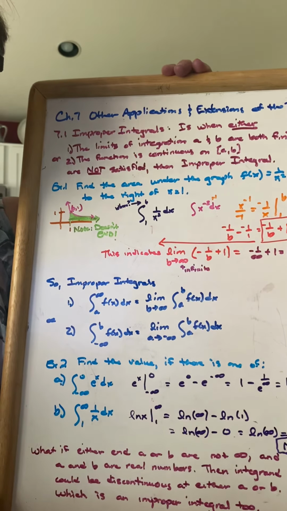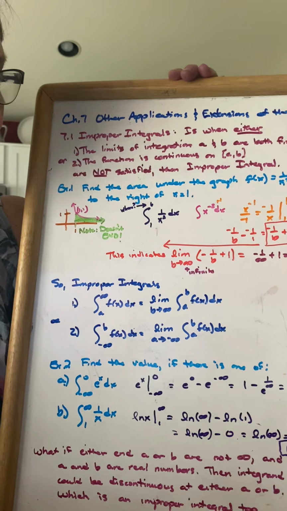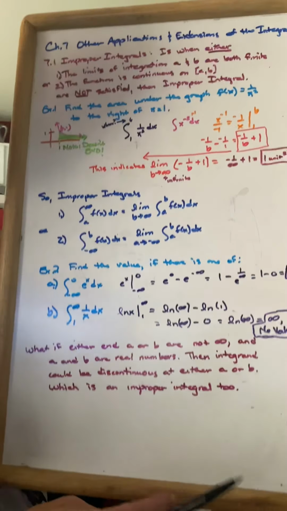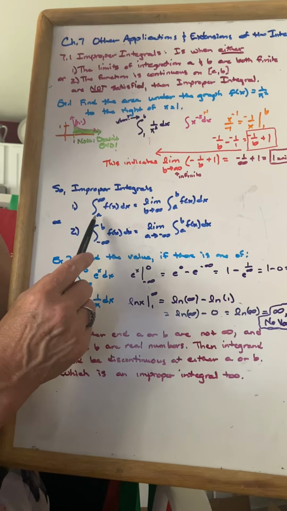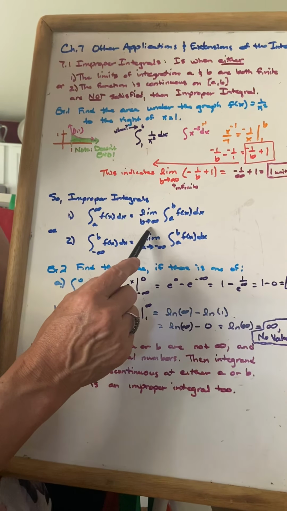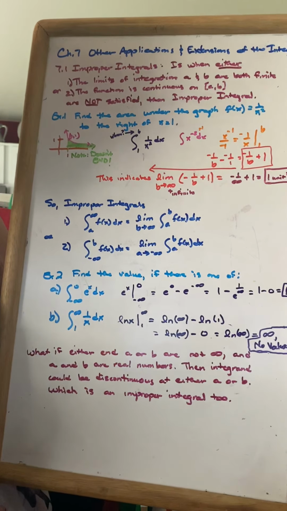So you can still find an answer even though it goes on to infinity, which really gives us some rules. The improper integral rules have two forms. The integral from a to infinity of f of x dx is the limit as b goes to infinity of the integral from a to b of f of x dx. So that's the one we just did.